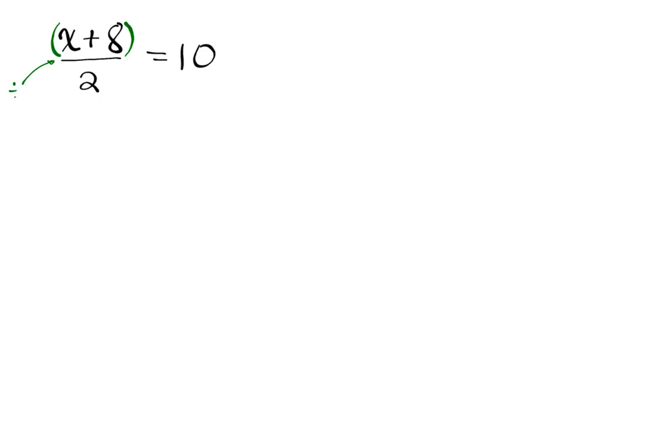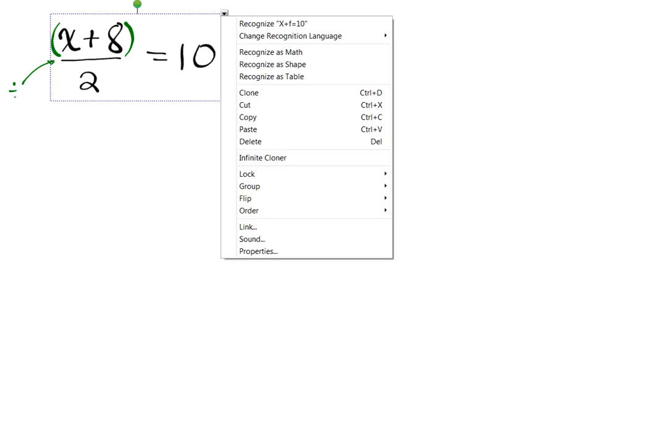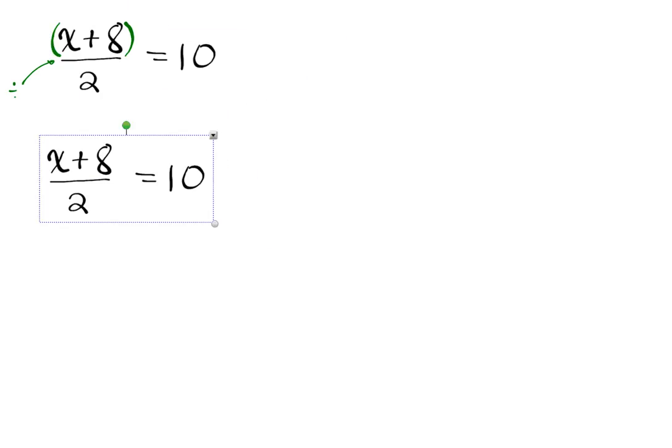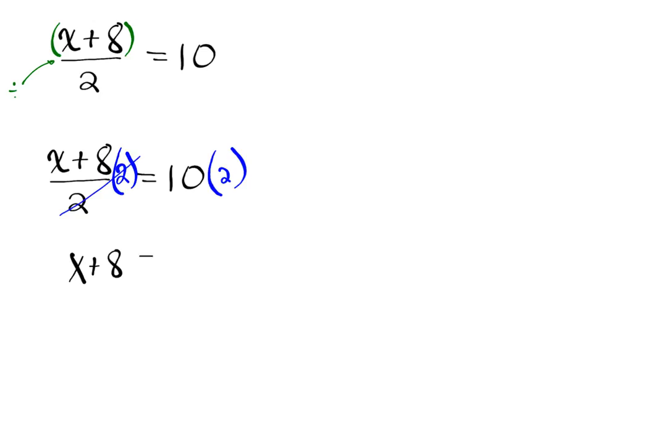So to undo division, I have to multiply. I'm going to multiply both sides by 2. These two cancel out, leaving me with x plus 8 equals 20. Now I can undo that addition by 8 by subtracting 8.